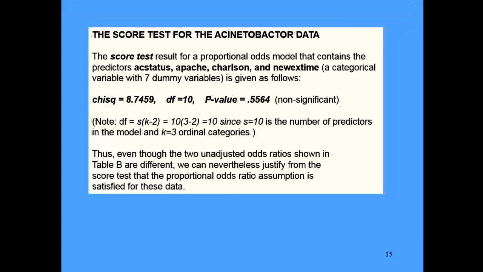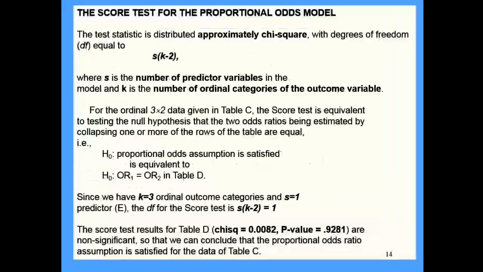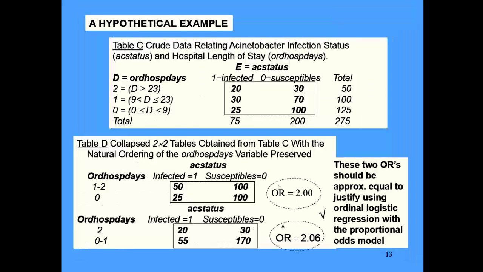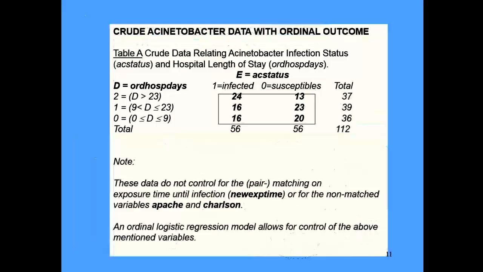But anyhow, it turns out that if I use the score test for the AC data, S is now not 1, because I have more than one variable in there. If I look at the variables that I'm considering, I have this variable new x time, which had 8 categories.